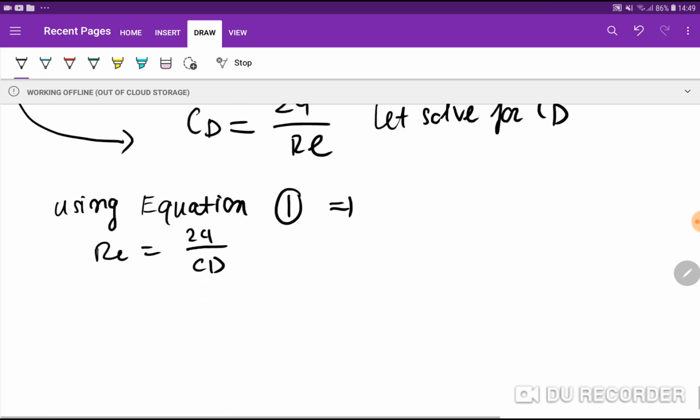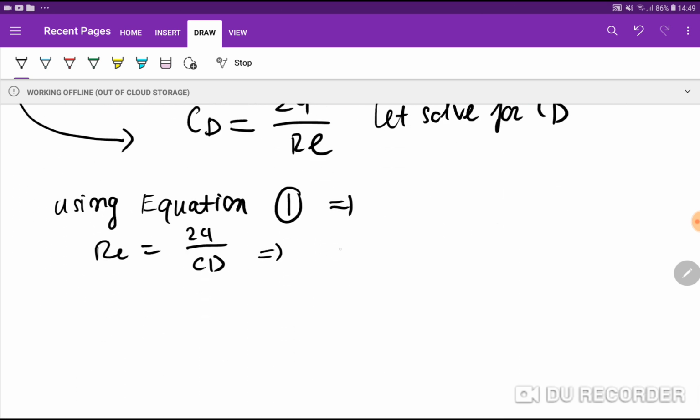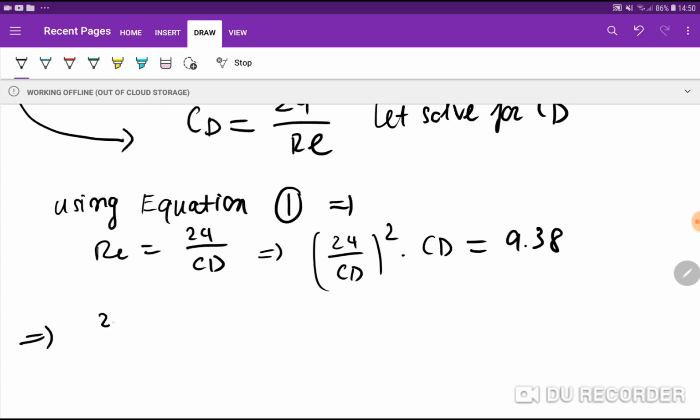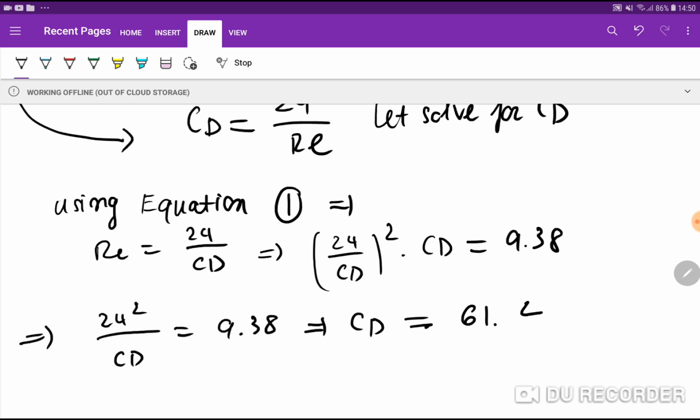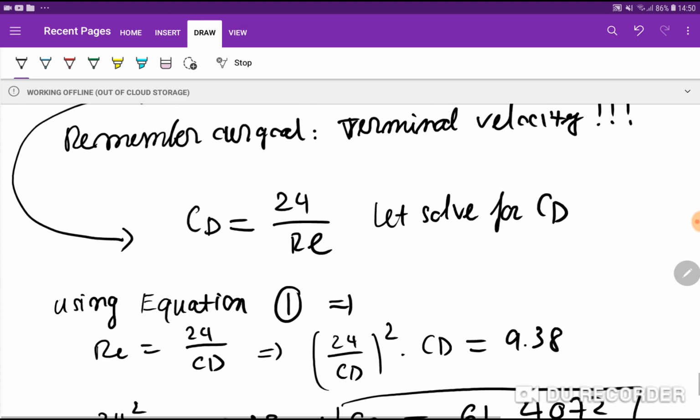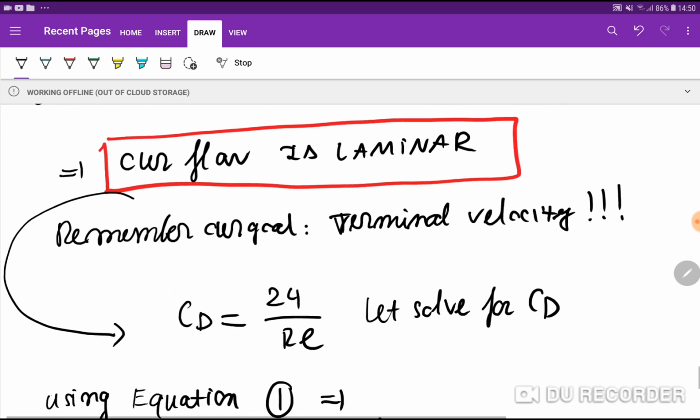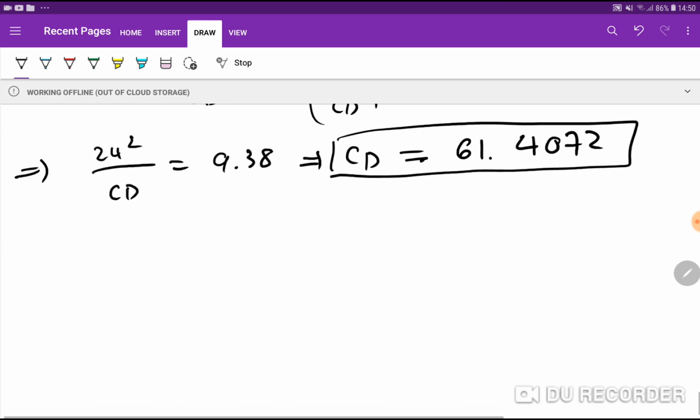So this equation right here, you can say 24 squared over CD squared times CD equal 9.38, right? So you can say 24 squared over CD equal 9.38, and you can get the drag coefficient to be 61.4072. Reynolds number, did we have it? Yes, we do. In fact, we don't need it because we have all the variables we need already.